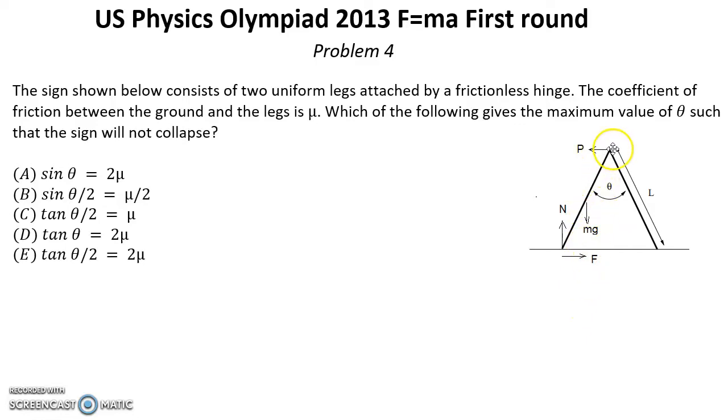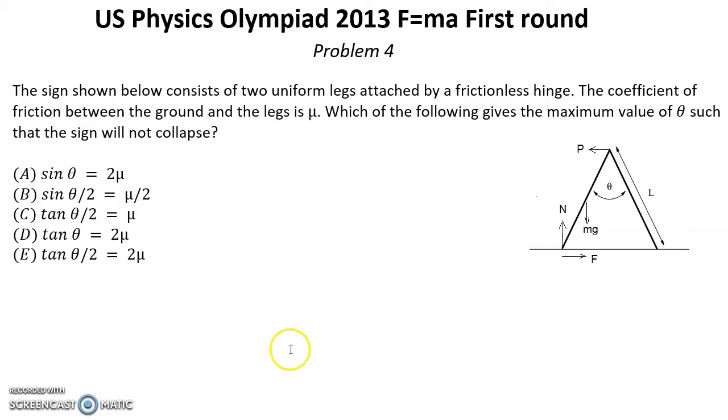We have force P, which is applied from the right leg horizontally. We have normal force, which is applied on the bottom of the left leg. And we have force of friction F, which is applied to the left leg to the right.